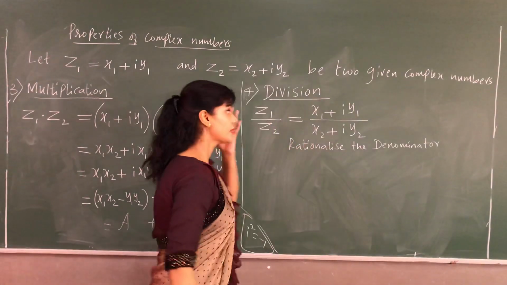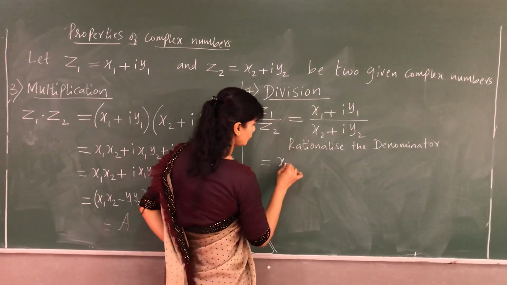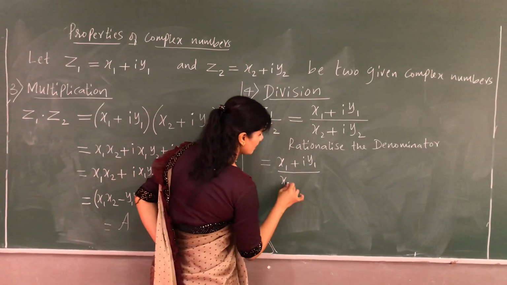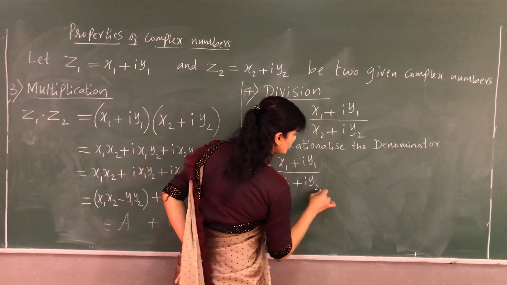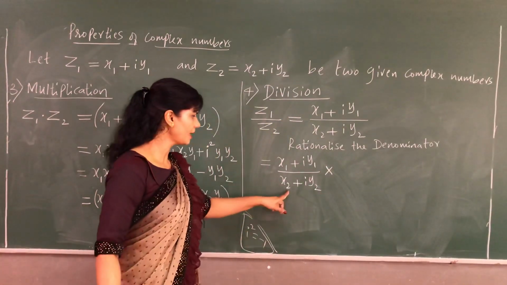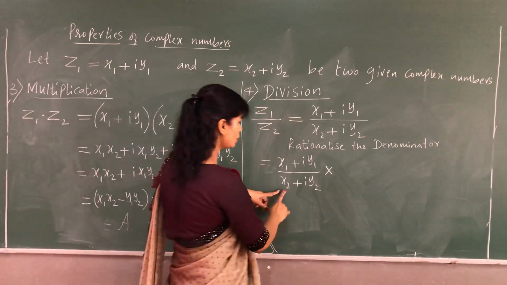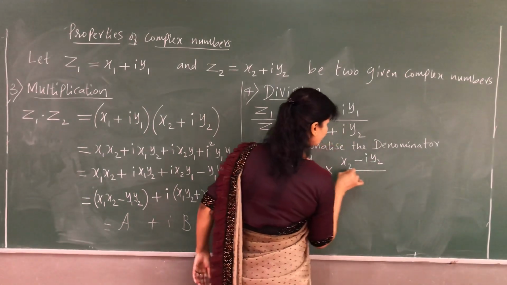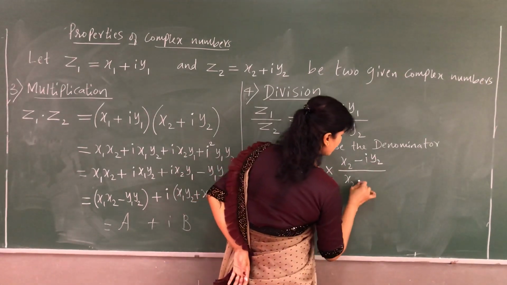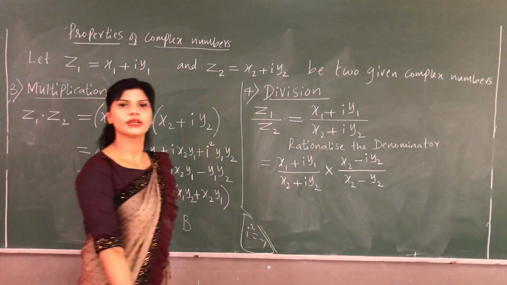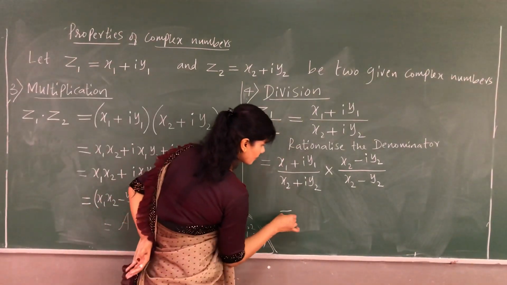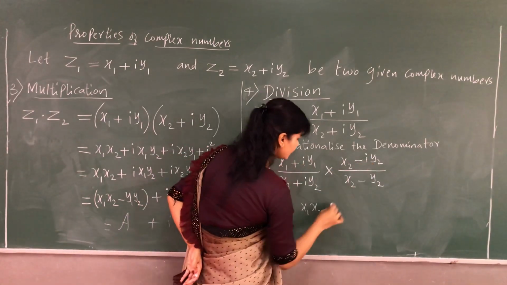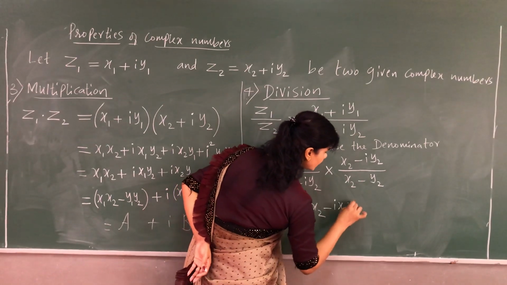Rationalize the denominator. So if you rationalize the denominator, you will get it this way: x1 plus iy1 upon x2 plus iy2. I have to multiply and divide by the conjugate of the denominator. So the conjugate of the denominator will be x2 minus iy2. Okay, students, multiply carefully. x1 into x2, x1 into minus iy2, minus i x1 y2.